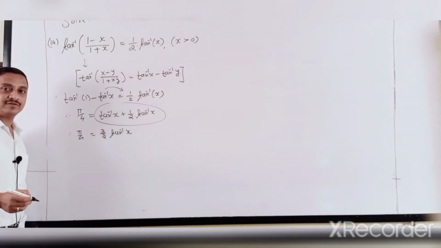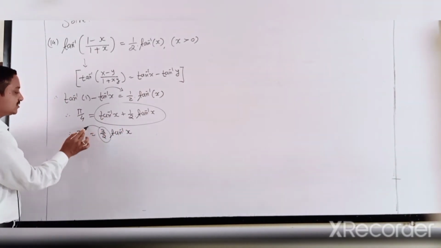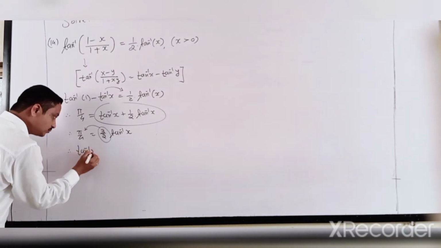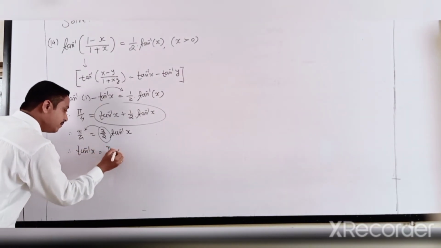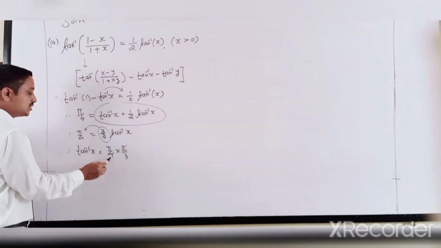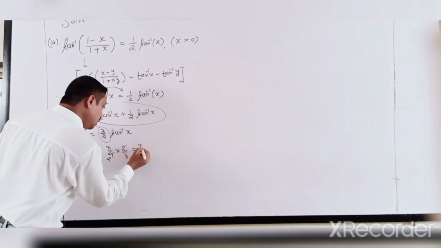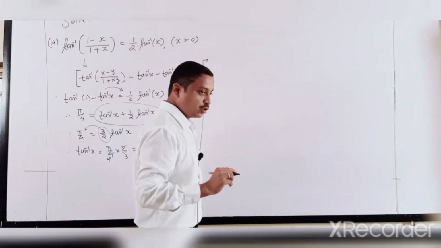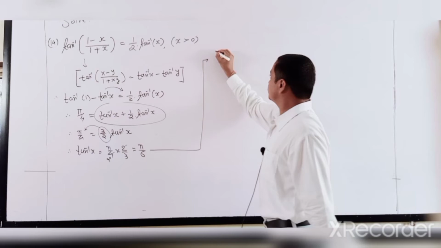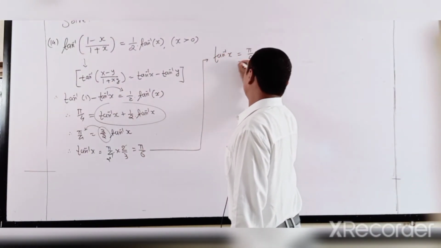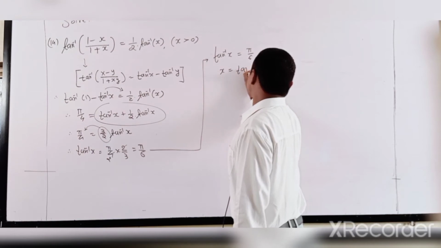1 plus half is 3 by 2. Finally, this value I just forward to this side. So what is the tan inverse x? It is pi by 4 times 2 by 3. And these 2s cancel. So my answer is only and only pi by 6. So tan inverse x is equal to pi by 6. So what are you getting? x is tan 30.